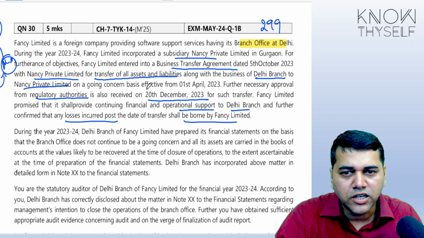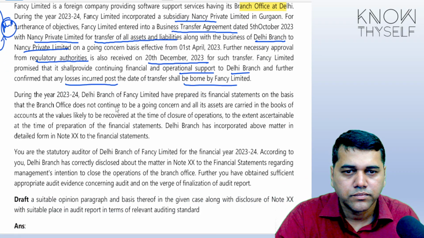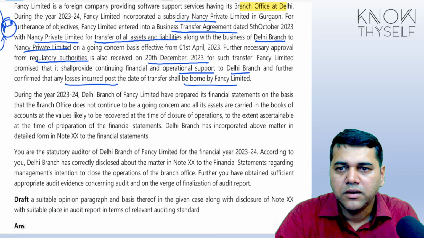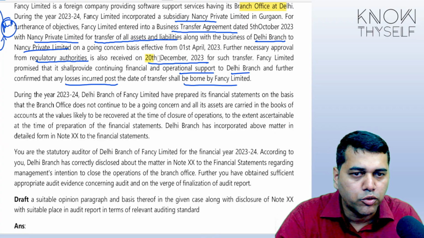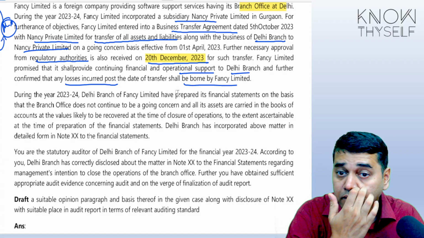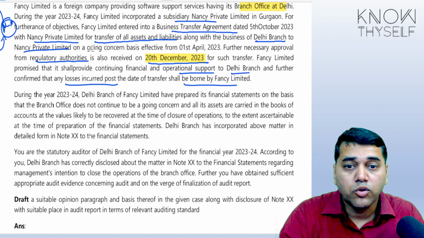Now, during the year 23-24, the regulatory authorities' approval was received in 2023.